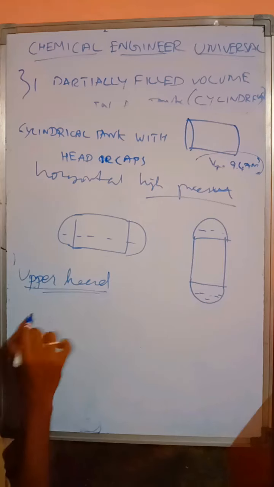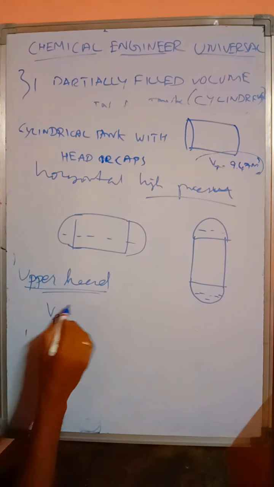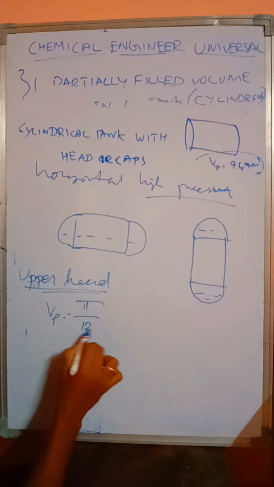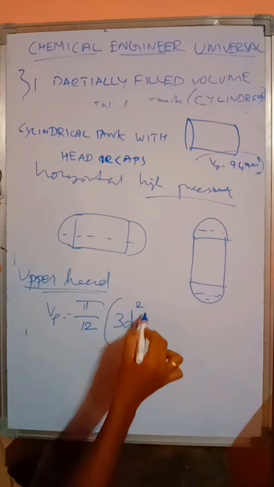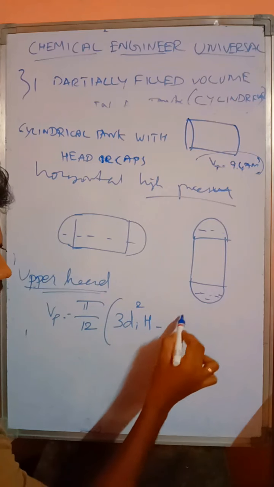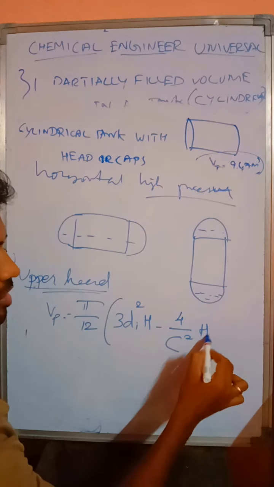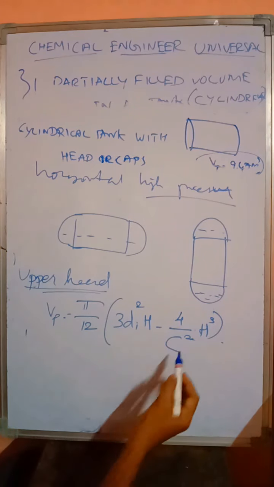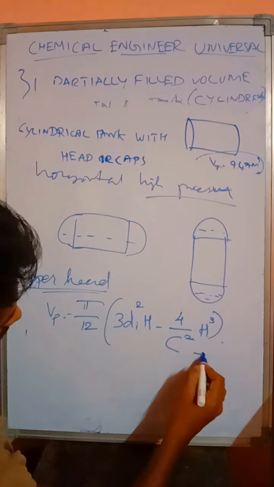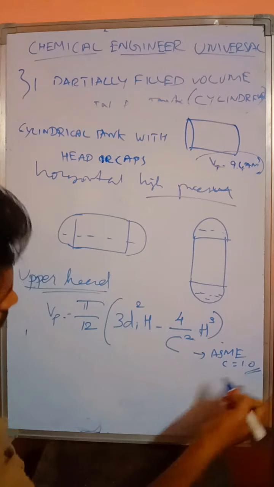First take the formula for the upper head, right? So Vp is equal to 5 by 12 pi, 3 di square h minus 4 by c square h cube. So this is c square. The c value will be taken as per ASME, C is equal to 1.0, right?